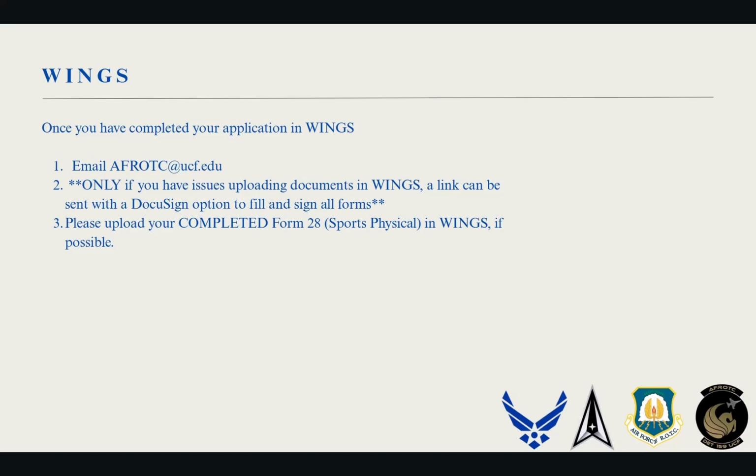If you have issues with that, it is on you, because you are the adult in the situation, to email afrotc@ucf.edu. Don't expect somebody to fill it out for you, because you're going to come to MSOP and your stuff is not going to be done, and we aren't going to be able to speed your process. So just make sure that you're getting all this done before.